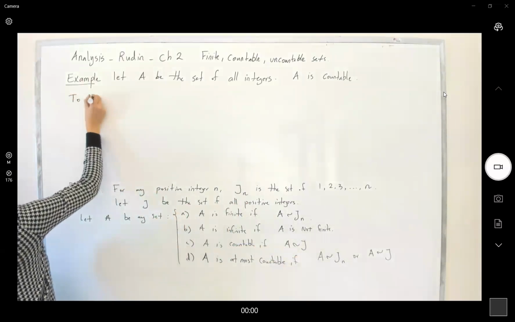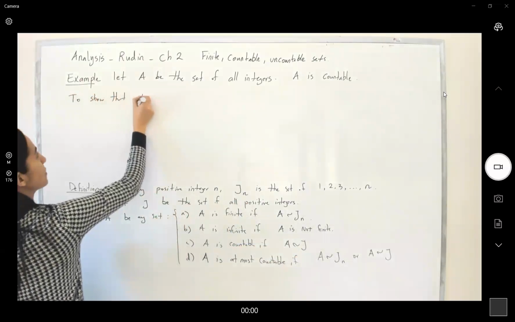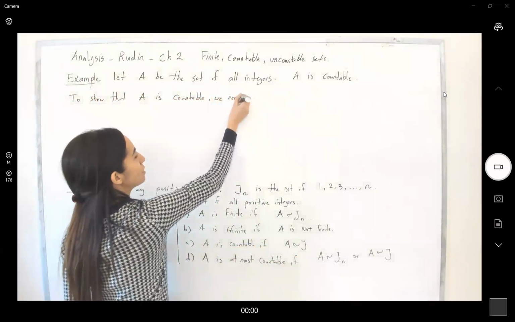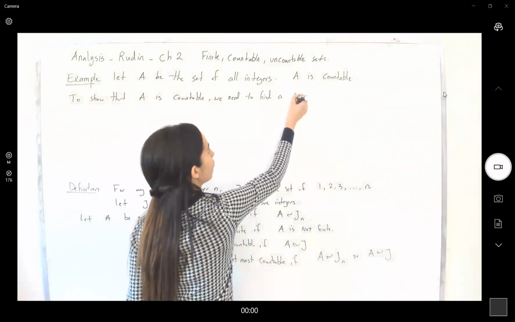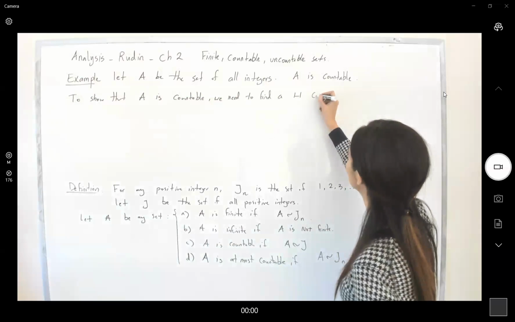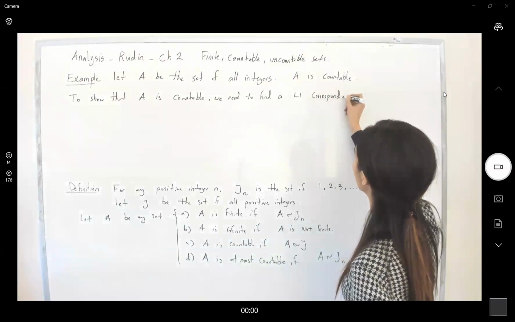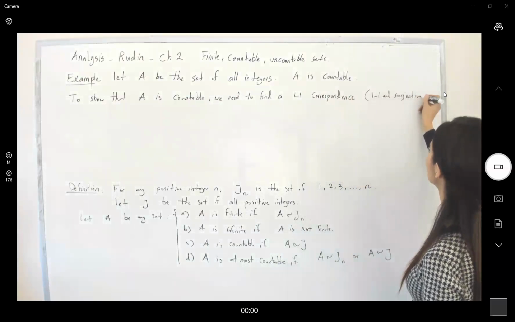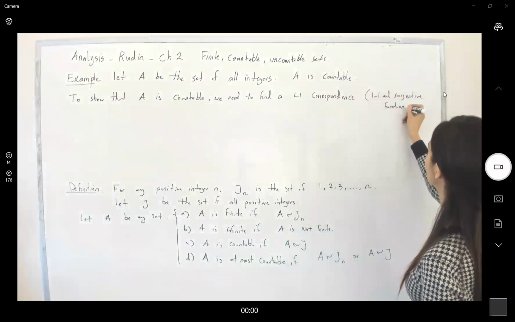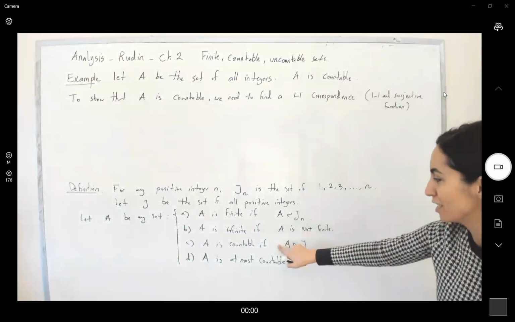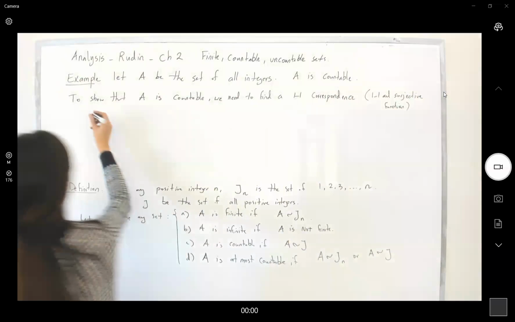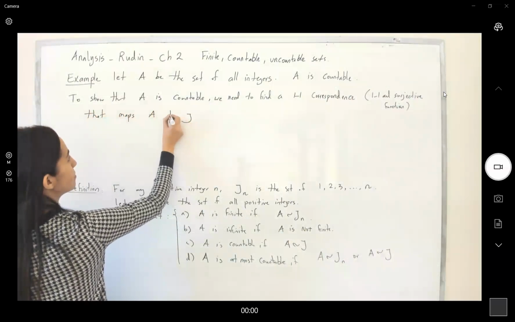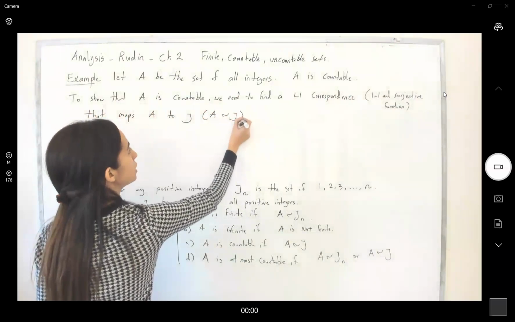So to show that A is countable, you need to find a one-to-one correspondence, or a one-to-one and surjective function, that maps A to J. In other words, they are equivalent to each other.